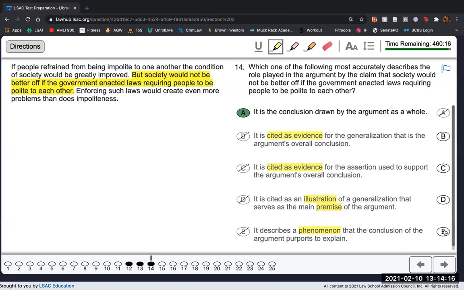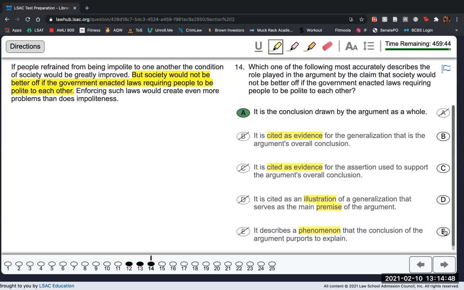Maybe this is that phenomenon. Sally lives on Bloom Street, and maybe the overall conclusion is, people from Bloom Street are really nice. Sally lives on Bloom Street and she always says please and thank you, she's incredibly polite. That would be a great example of E, a phenomenon that the conclusion is trying to explain.